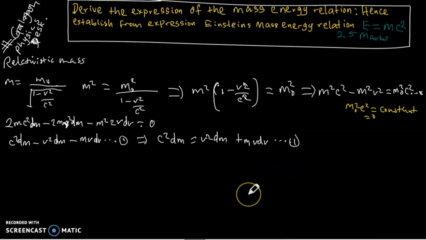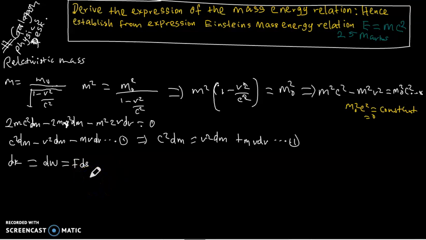Now this will take us to kinetic energy, the small increase in the speed from v to dv. So we know that kinetic energy is nothing but the small increase of the work, dw, which is equal to F ds.